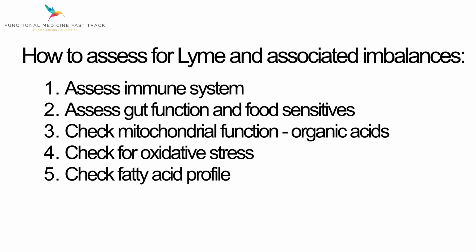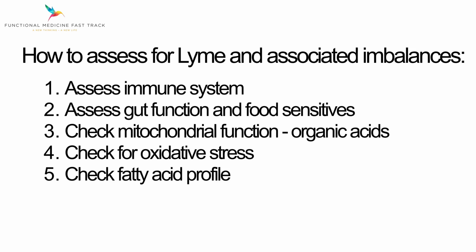So we need to do CSAP, we need to do food sensitivities, you need to do all of those gut function tests. Then we need to check the mitochondrial function. Organic acid is a great one to check from that side. We need to check for oxidative stress and inflammation. Critical to understand where is that point, because that's going to be a measure of our success as we start treating those patients.